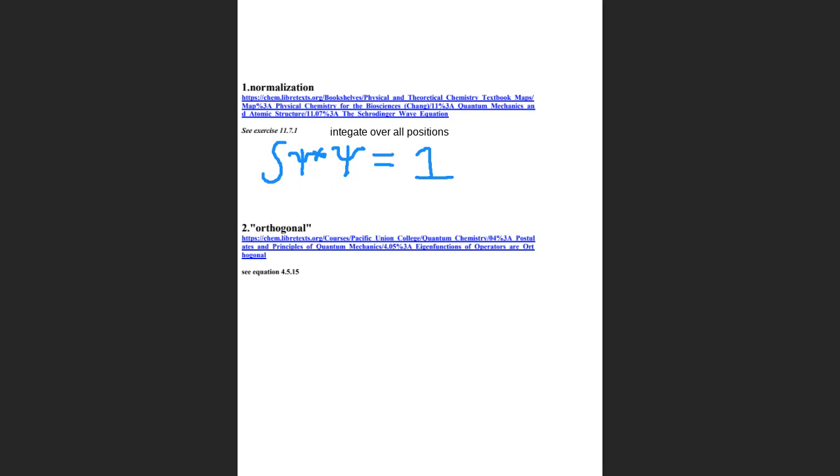In addition, there's a property called orthogonality. Anytime you write H psi equals E psi for any system, for any energy operator, you will always find this, for any Schrodinger equation.